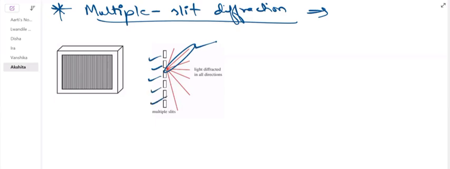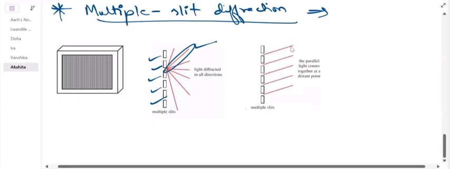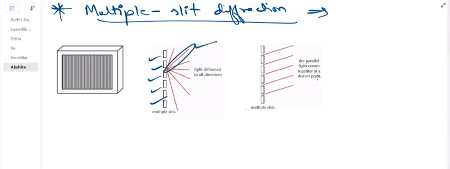Somewhere like this, you will get the pattern. The parallel light comes together at a distant point. Understood?